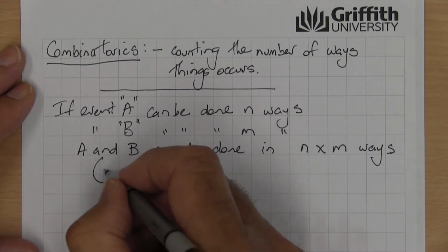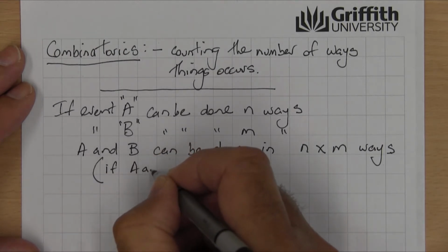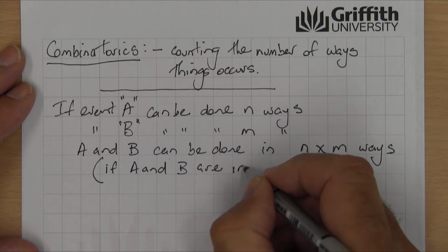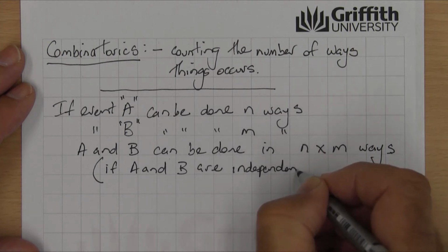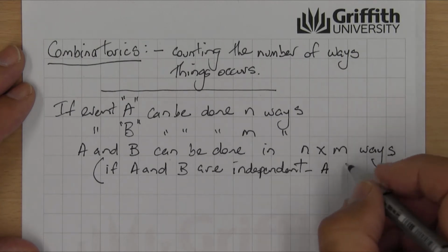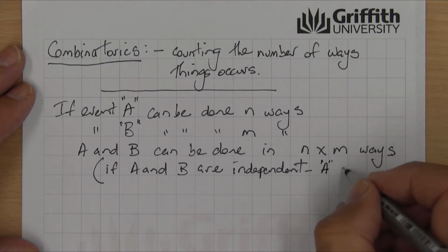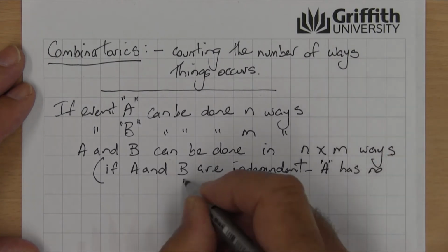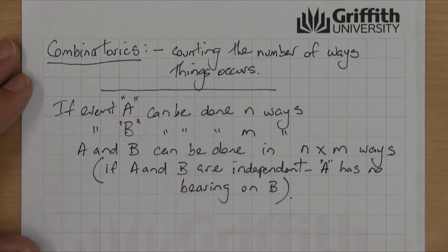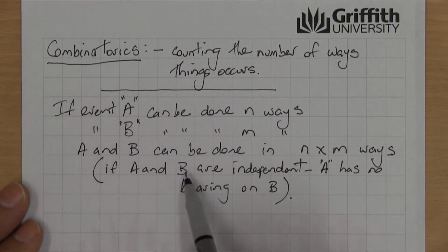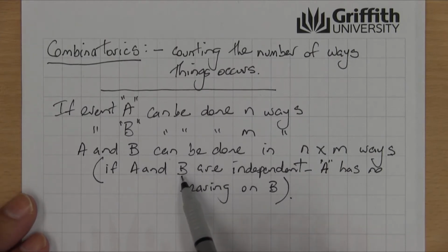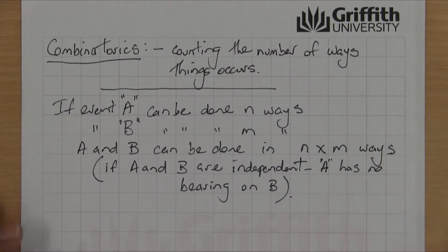I'll put a little proviso here: this is if A and B are what we call independent. Independent means A has no bearing on B. Whatever happens in A will have no bearing on what will happen in B. So they're basically two events that are independent of each other.